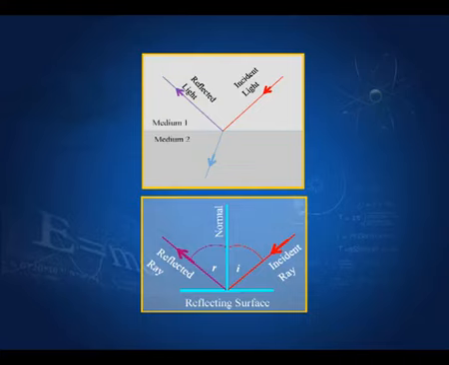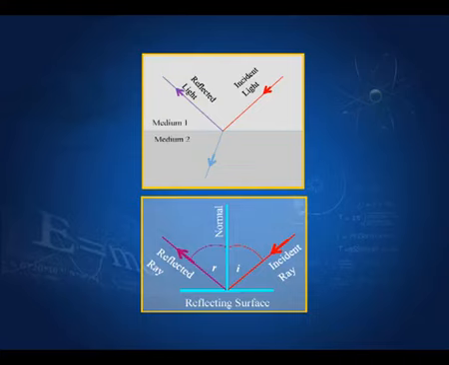I have tried to show two different media by change in the shade. So, light comes and gets reflected in this direction. This is medium 1, this is medium 2, and this angle is the angle of incidence between the incident ray and the normal at the point of incidence, and this is the angle of reflection again between the normal and the reflected ray, and these two angles are equal.